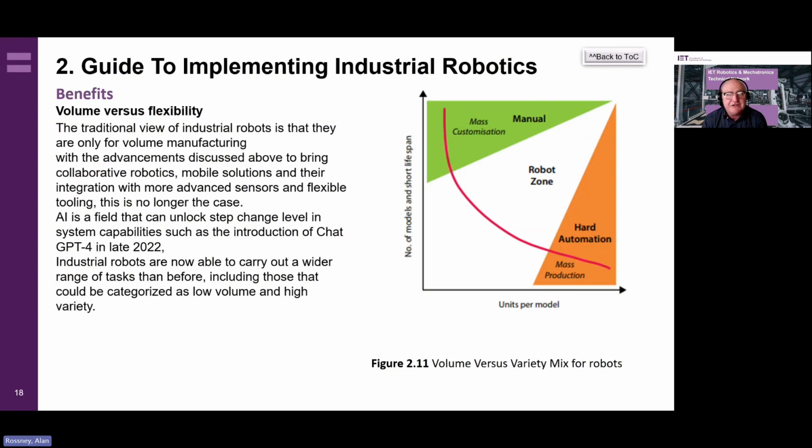Furthermore, artificial intelligence is a field that could unlock a step change in robotic systems capabilities, particularly in machine vision and in object detection, if this field continues to evolve at a rapid pace. So figure 2.11 there really just shows that the area of application for robots has grown much wider, and the areas for manual or hard automation, those wedges, have grown thinner on this graph of volume versus variety mix.